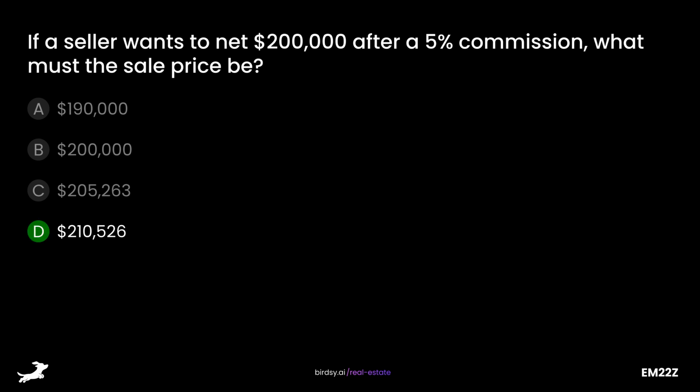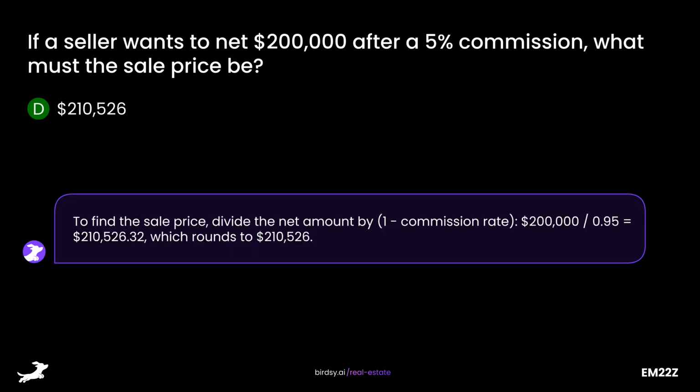The answer is D, $210,526. To find the sale price, divide the net amount by 1 minus the commission rate. $200,000 divided by 0.95 equals $210,526.32, which rounds to $210,526.